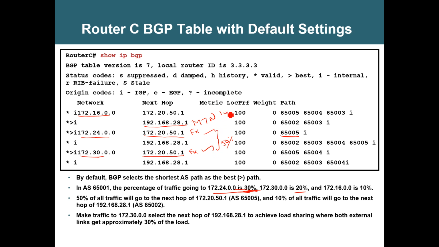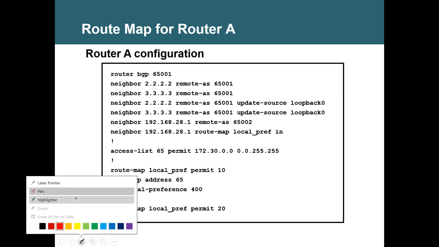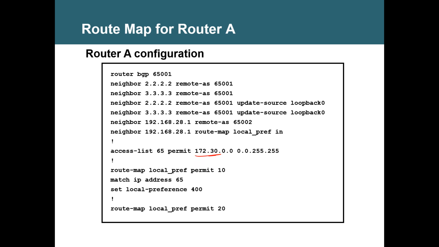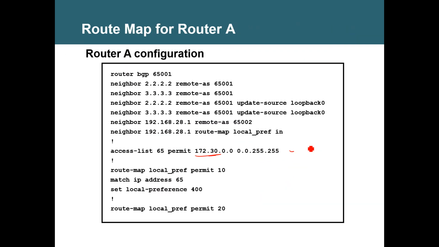And this is only 10%. We need to do load balance. For that, this is the solution. This is that Yahoo, 172.30 is Yahoo. So we write an access list, and then a route map.